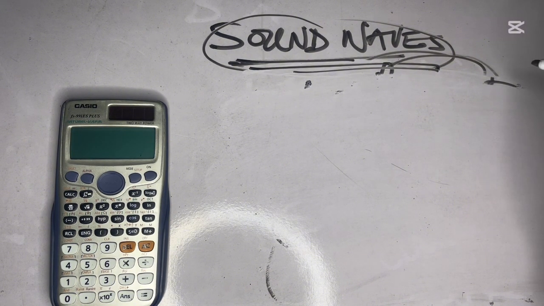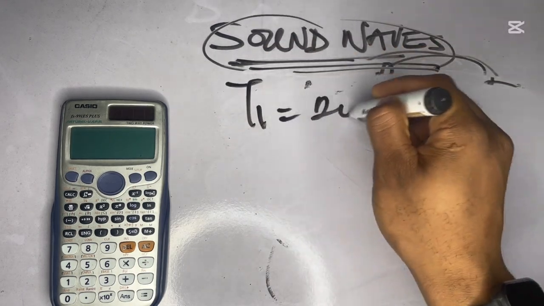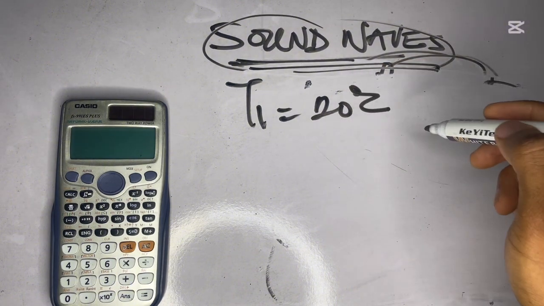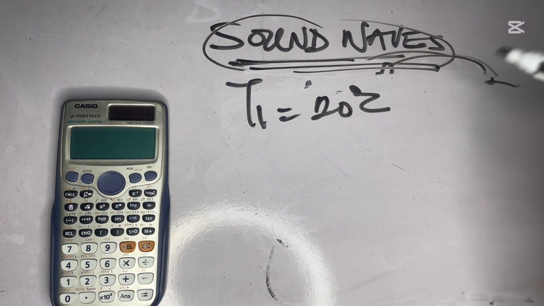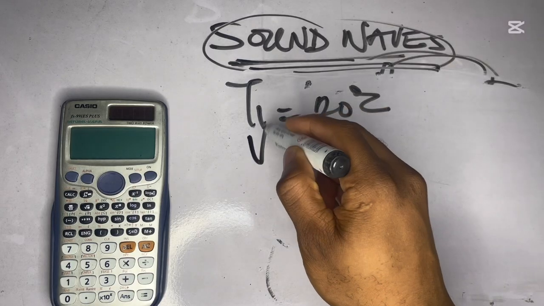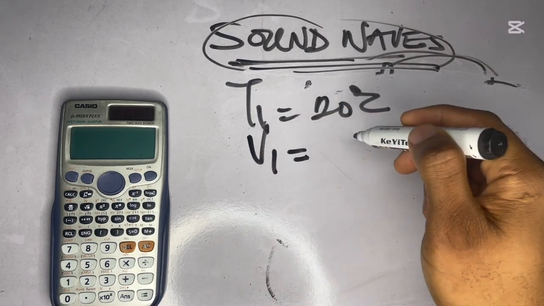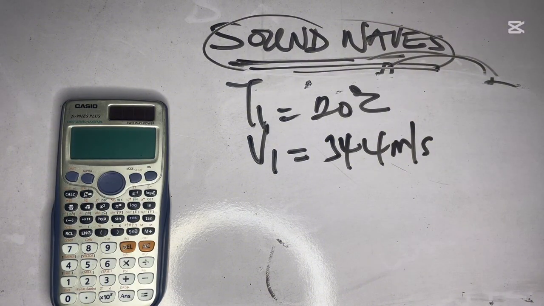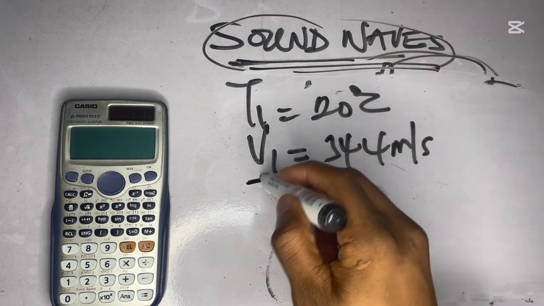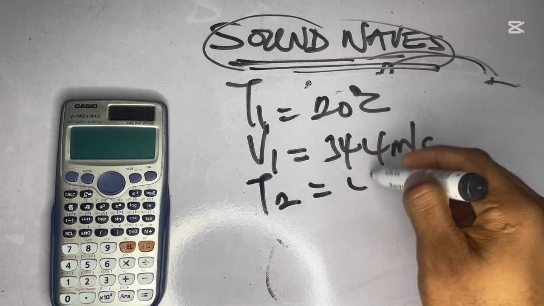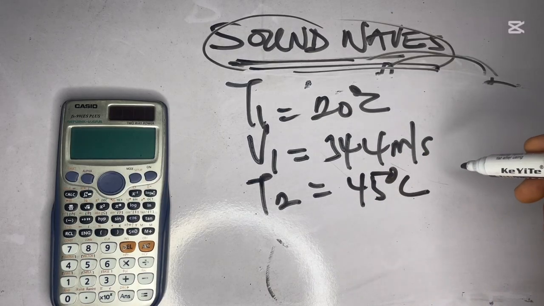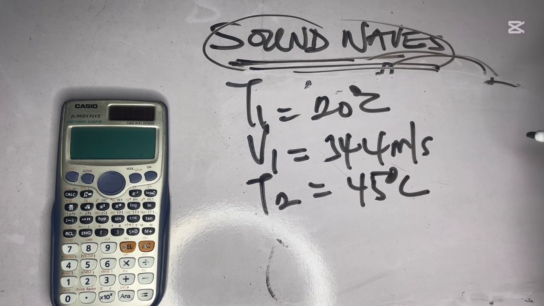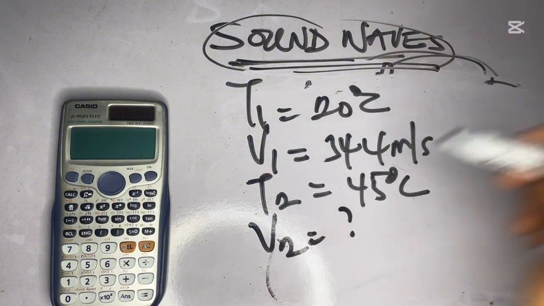T1 is 20 degrees Celsius, the velocity at that temperature, V1, was 344 meters per second. T2 is 45 degrees Celsius, and we are looking for the second velocity, unknown.